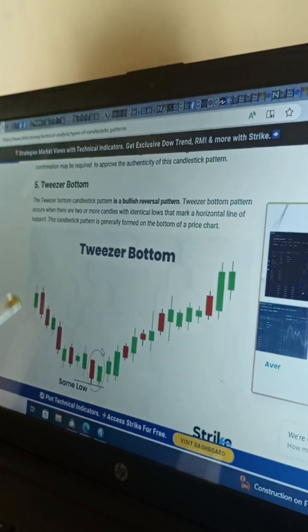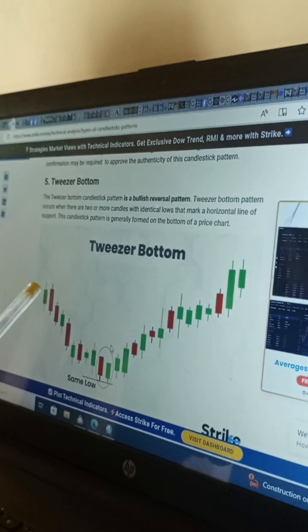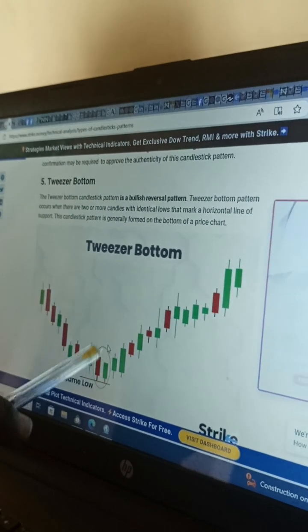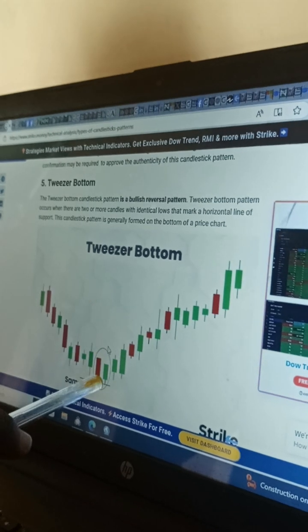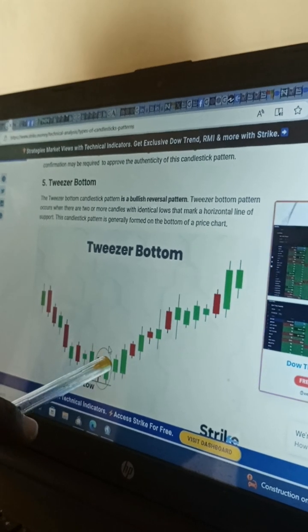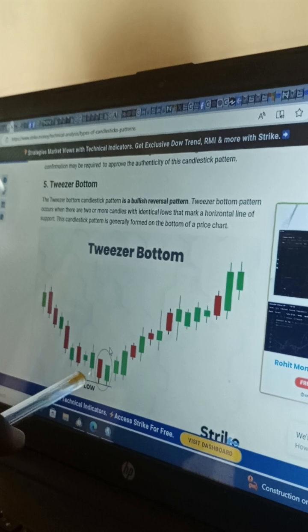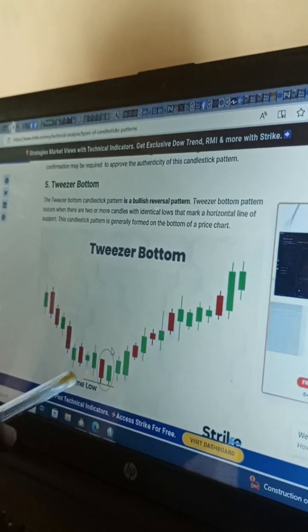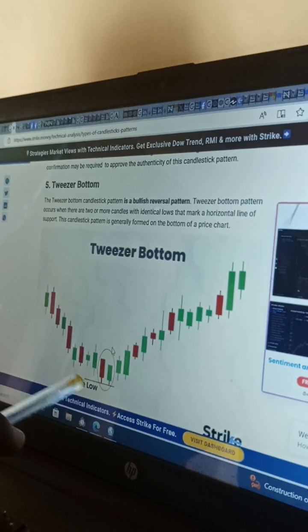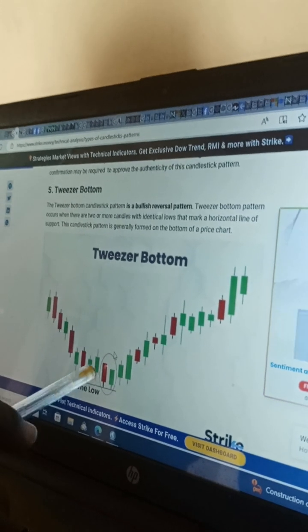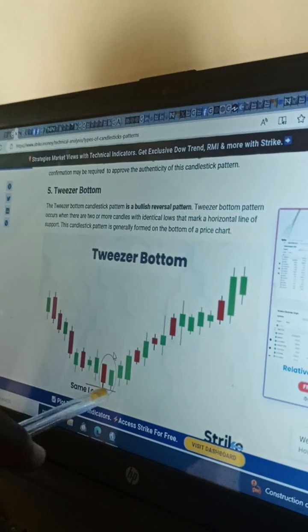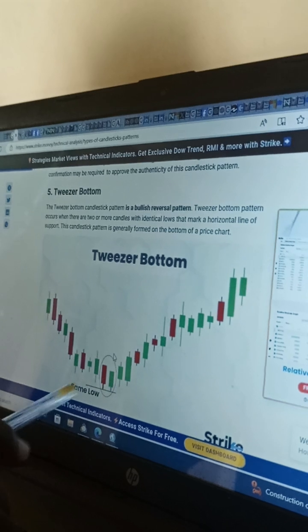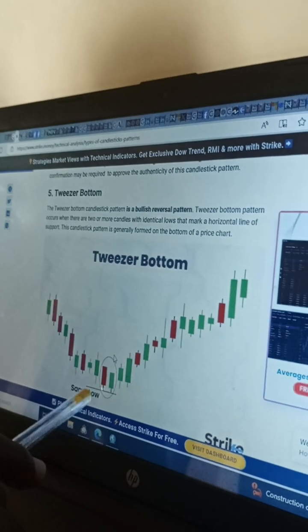Let's say we have a bearish movement, and then all of a sudden you have a bearish candlestick. Then you have a bullish candlestick that immediately forms, and both of them have the same lows, sitting on the same support line. They don't have an upper shadow, but you can see both of them have the same lows, and a line connects the two.